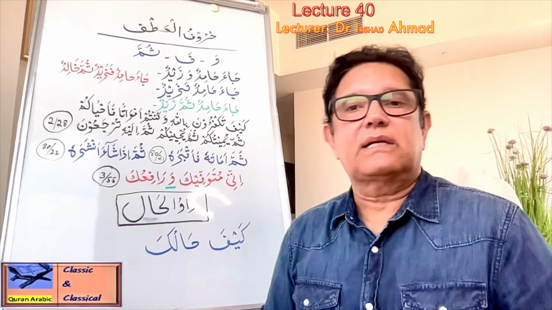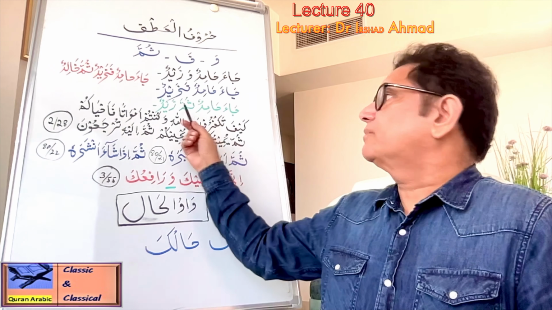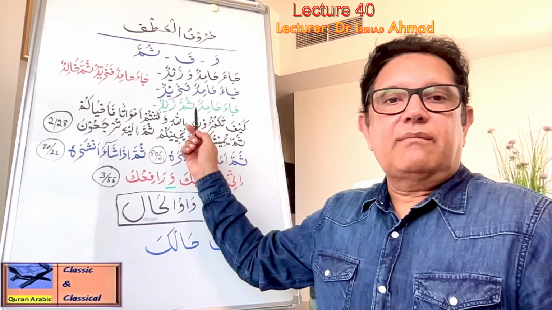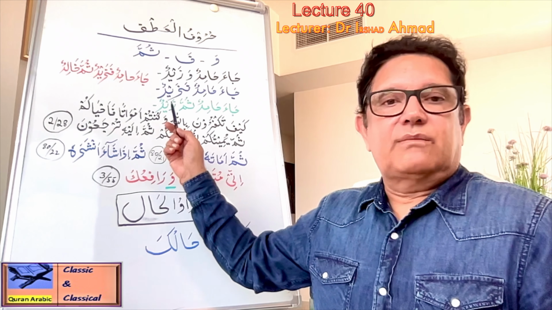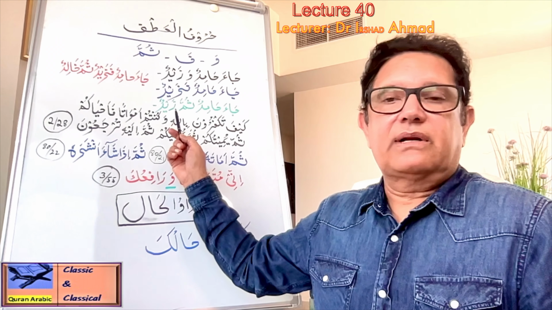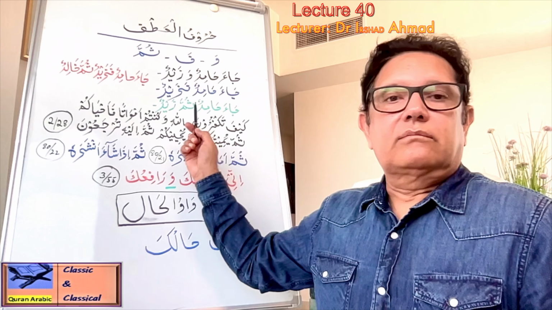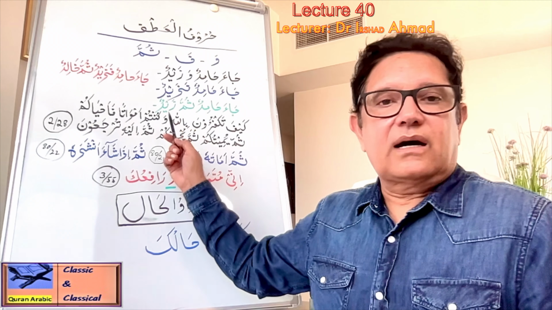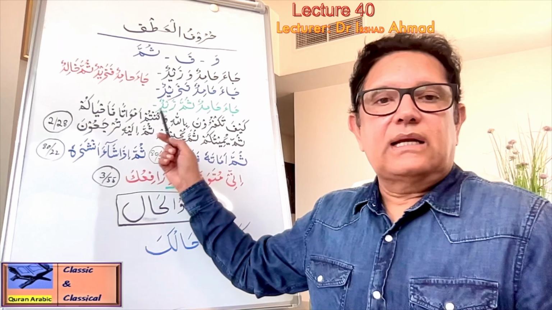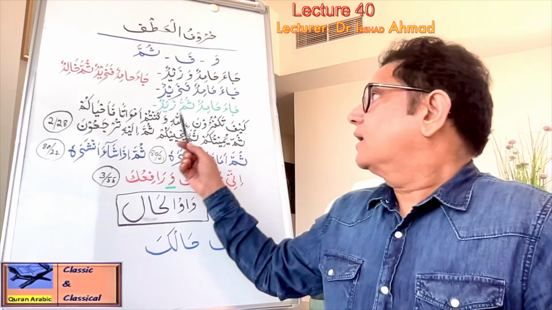So Hamid came and then Zaid came. Zaid may have come, for example, half an hour later, 10 hours later, 1 day later, 2 weeks later.